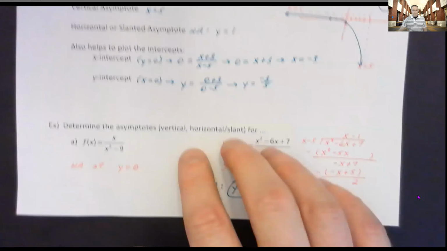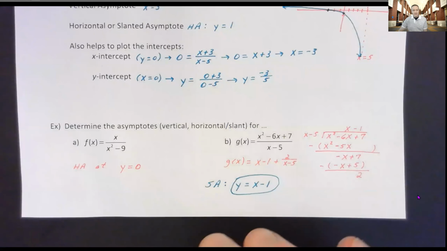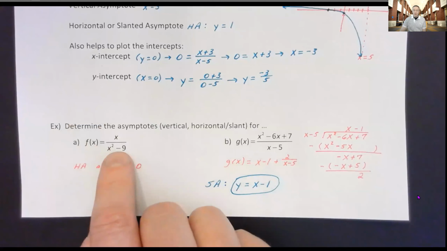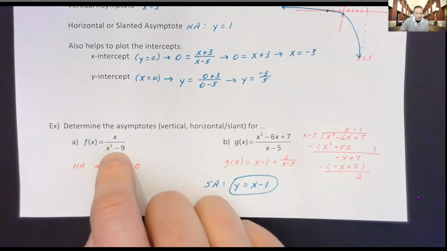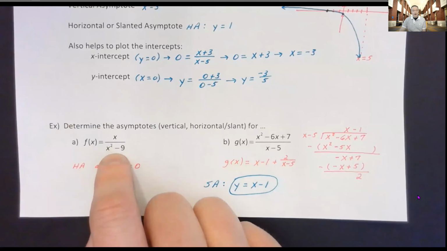Now, if I just ask you for equations of asymptotes here, I say determine the asymptotes: horizontal, vertical, or slant. So if I look at this first one, one thing I missed here is I didn't stipulate the vertical asymptotes. Vertical asymptotes would exist whenever the denominator is 0. This would have vertical asymptotes at positive and negative 3, because x squared minus 9 factors to (x plus 3)(x minus 3).